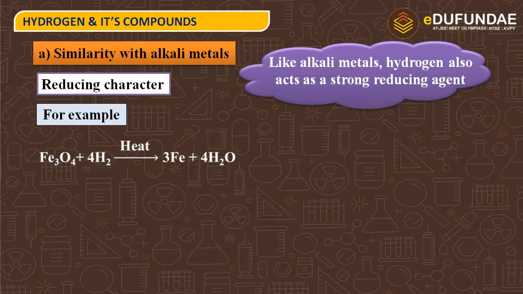So 0 to +1 में हाइड्रोजन की ऑक्सीडेशन स्टेट कन्वर्ट हो रही है, that means हाइड्रोजन की यहाँ पे ऑक्सीडेशन हो रही है. और जिसकी ऑक्सीडेशन होती है, that element or that compound behaves as reducing agent. Next reaction is boron oxide plus potassium upon heating gives boron and potassium oxide.